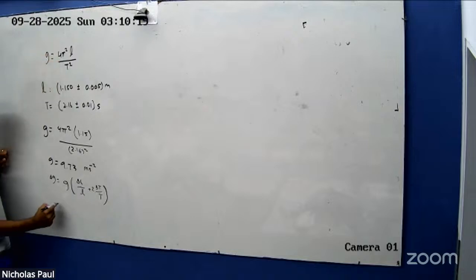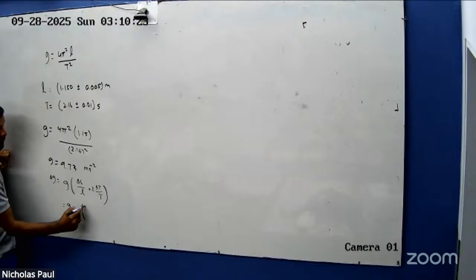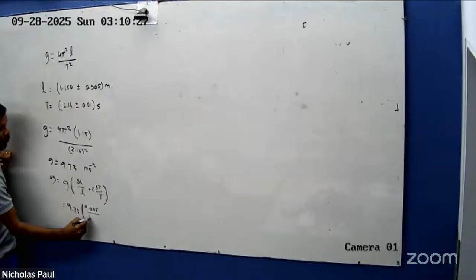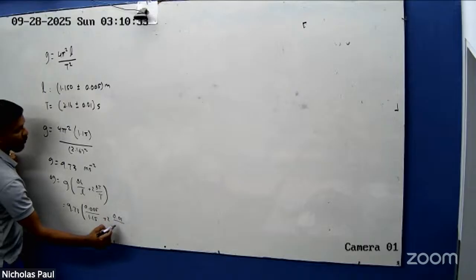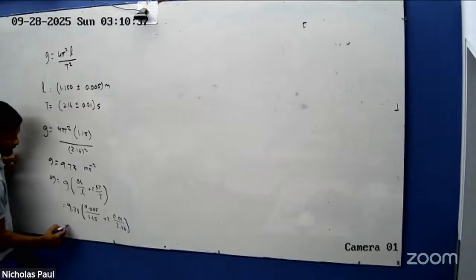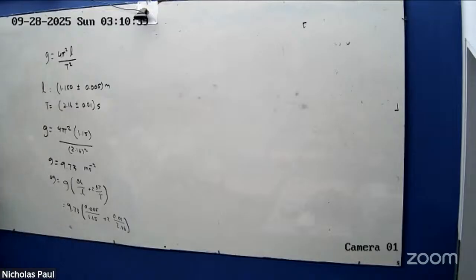Now you work this out: 9.73 by 0.05 all over 1.15 plus 2 by 0.01 all over 2.16. When you work it out, how much you got?